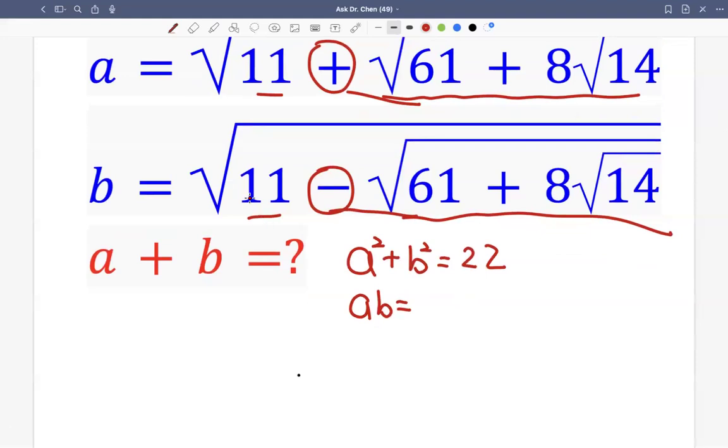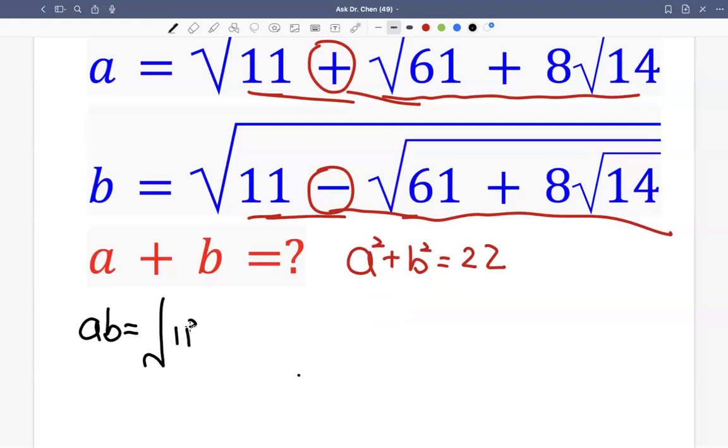Because A is the square root of this, B is the square root of this, let's write A times B in black color. Because both have a square root, let's write it under one square root. So it's a difference of two squares: 11 plus a term, 11 minus a term.